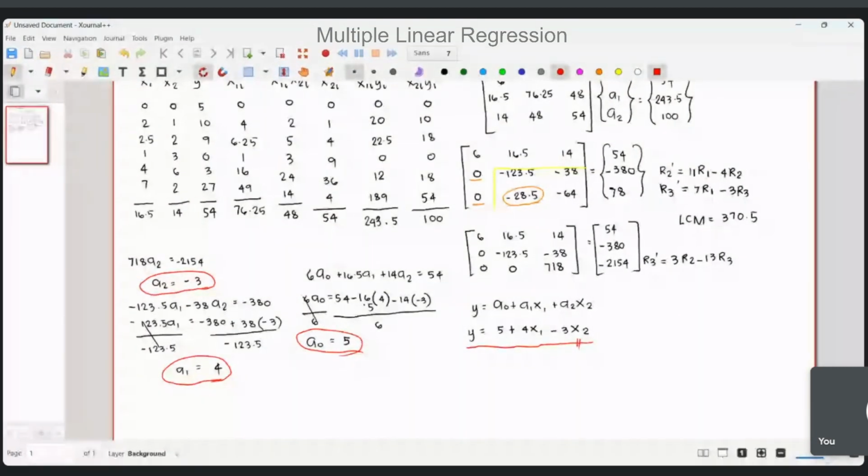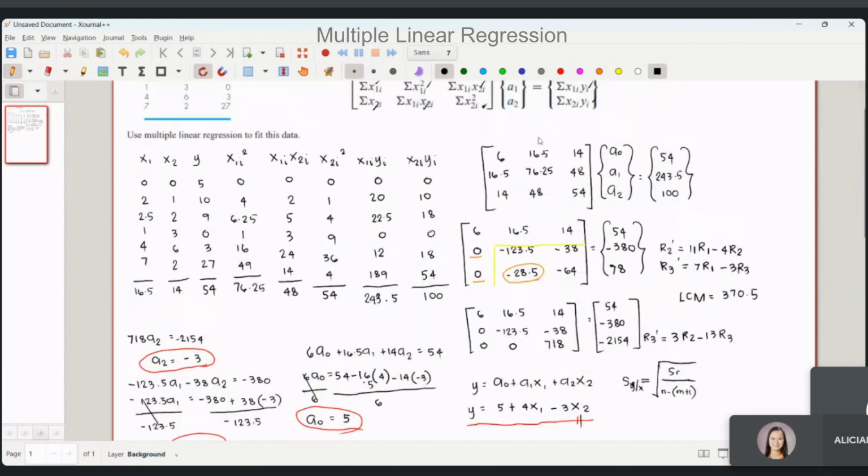Now for the next, we need to find our x. We need to also find our xy, x. All right. We have the formula still of SR, n minus m plus 1. And we still need to find our ISR, right?